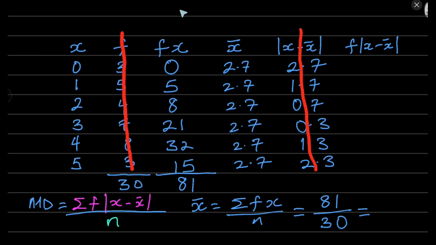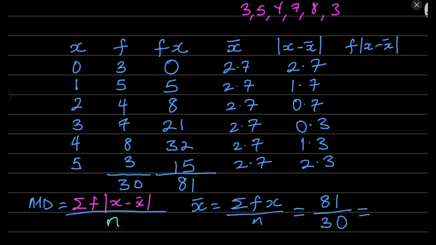So let's do that quickly. I'll write out the f values again. The first f value is 3, then I have 5, 4, 7, 8, and 3. Those are the f values.